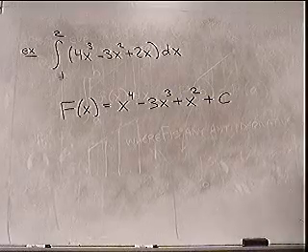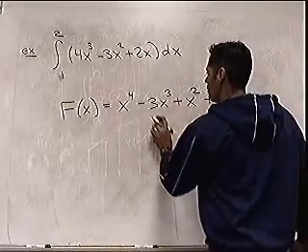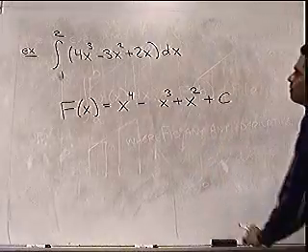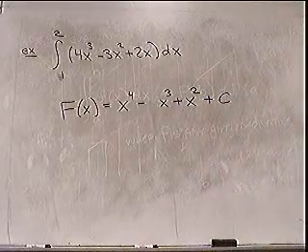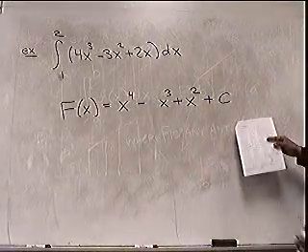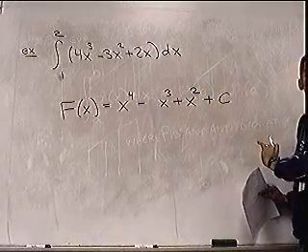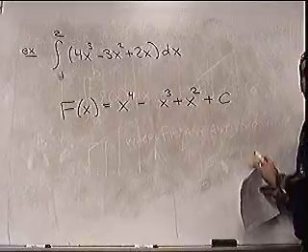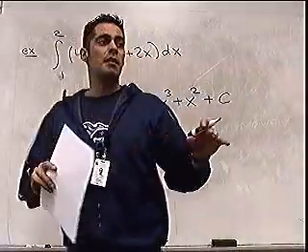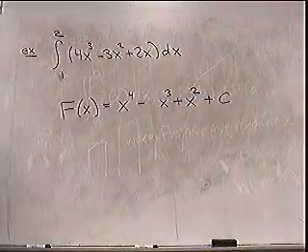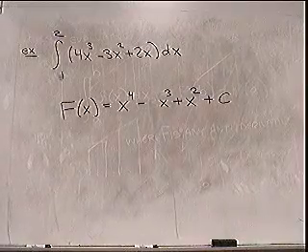I said any c I want, right? I'm going to choose c to be 0, but let me show you if I leave it like this, the c won't matter, right?